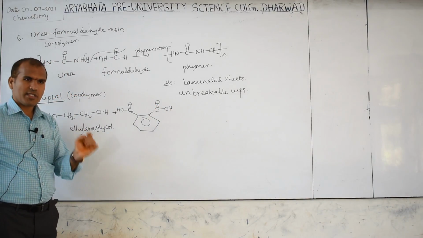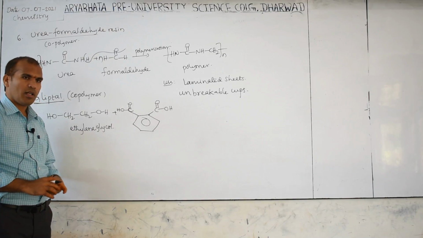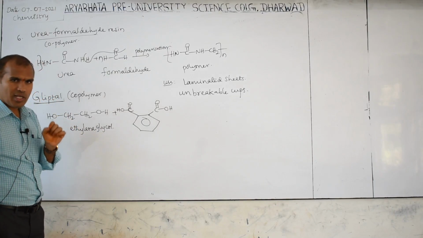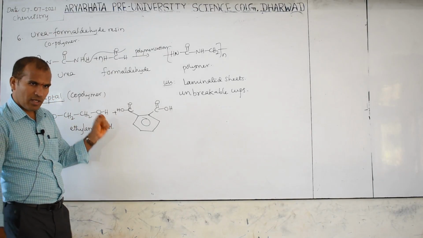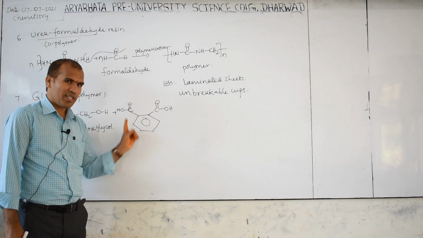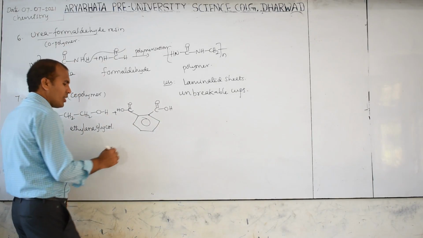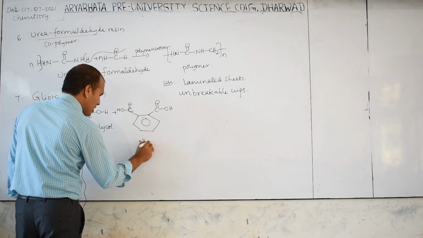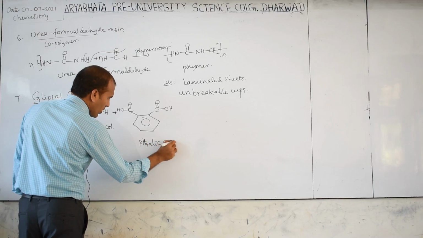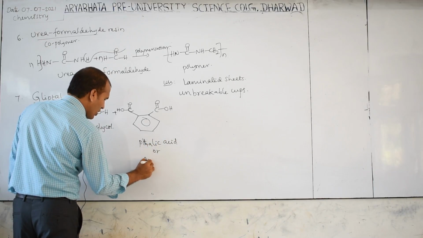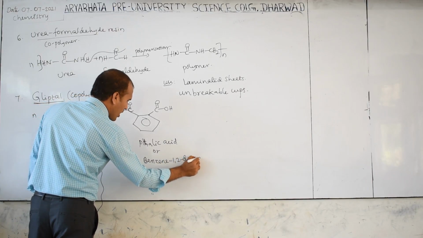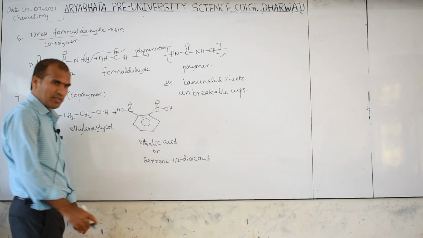So what is the difference between terylene and this glyptol? Once you check in your notebook, here ethylene glycol is there, also ethylene glycol is there. Terephthalic acid is there, it means 1,4 position COOH is there. Here 1,2 position is there. So this is phthalic acid, P silent. Otherwise IUPAC name benzene 1,2-dioic acid. There, 1,4-dioic acid is there.